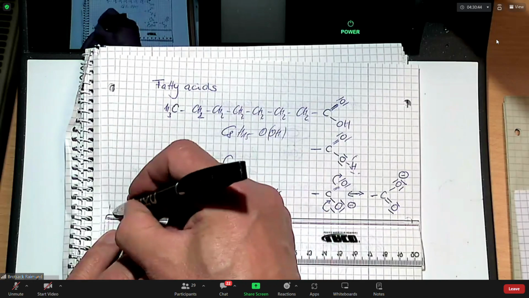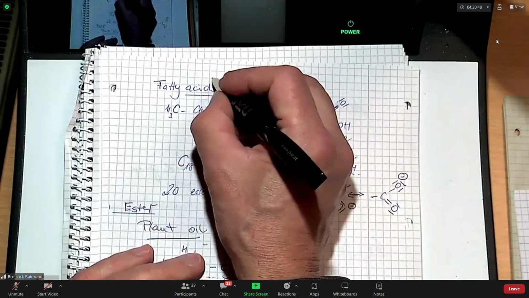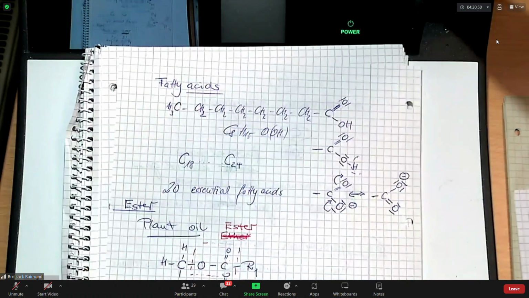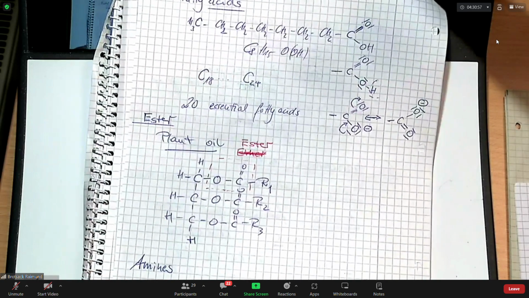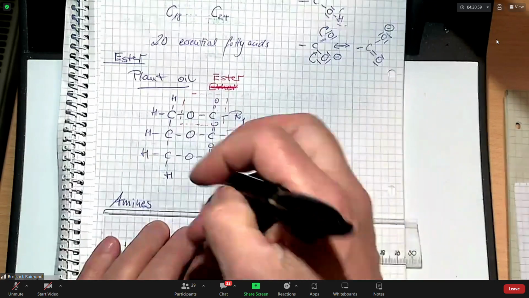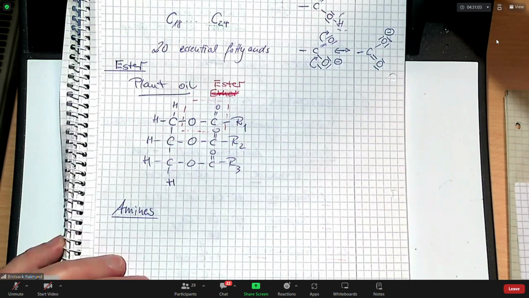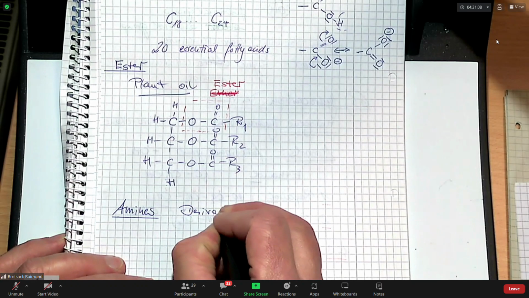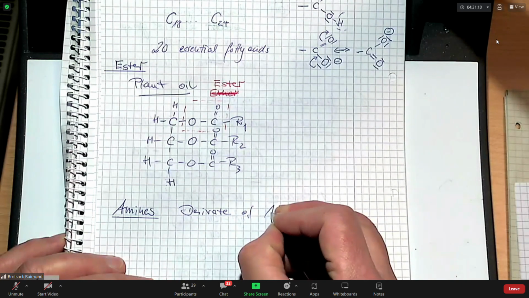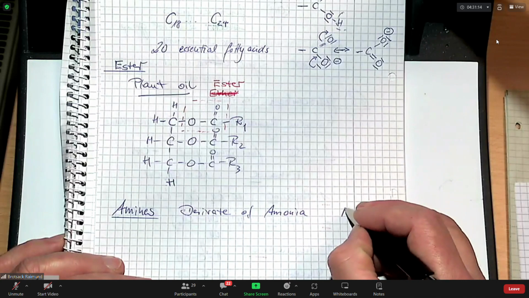We talked about acids, carboxylic acids. Amines is another one. That is a derivative of ammonia. Ammonia is the NH3.